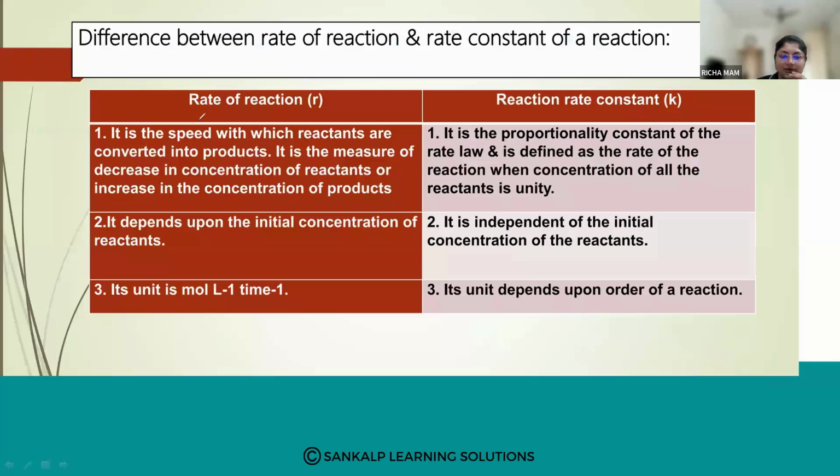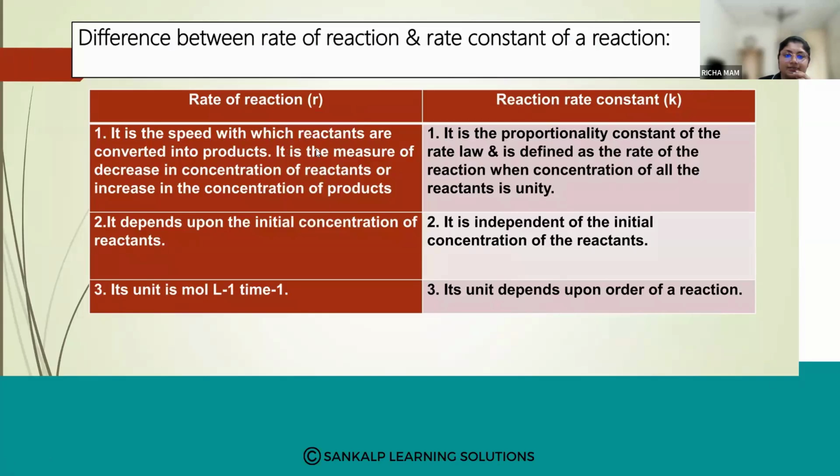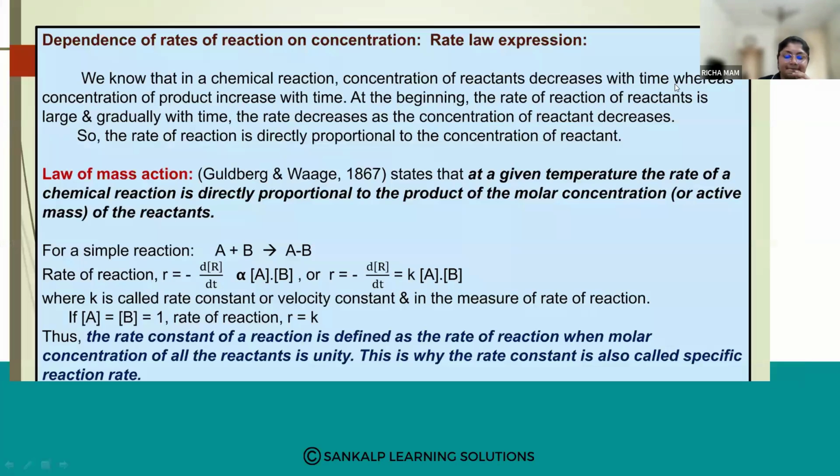So there's something called rate law, rate constant or rate expression. According to the rate law, the rate of the reaction is represented mathematically with a mathematical expression, which gives the rate of reaction.